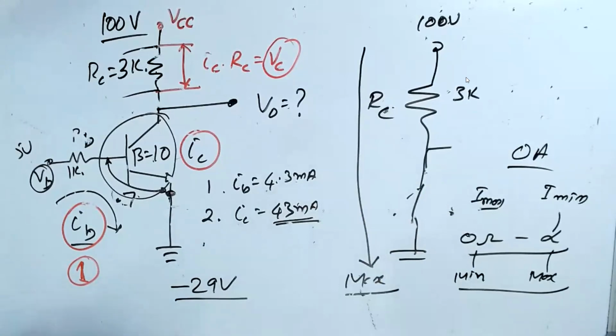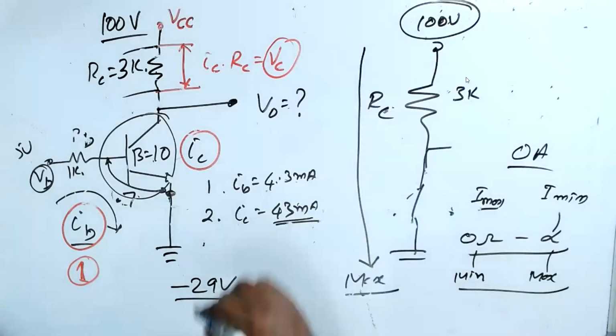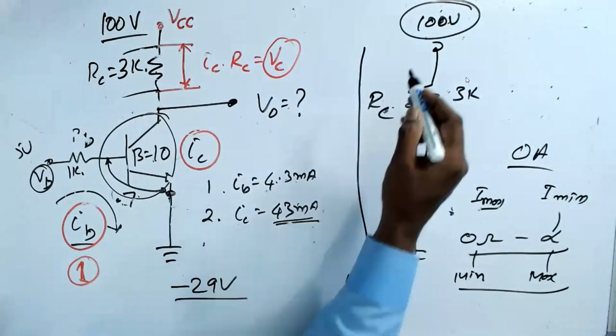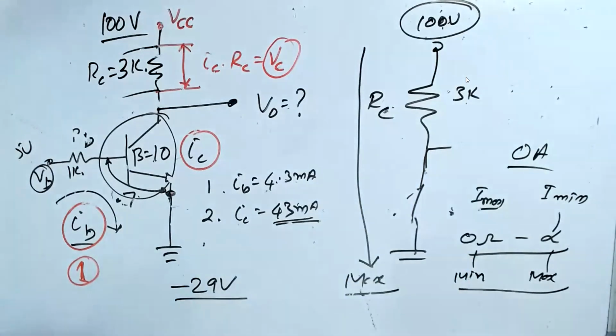We know the voltage. Sir, 0.03. Why 0.03? 100 volt and 3K, how much? 100 by 3000. Sir, 0.03. That's correct. Don't tell me in ampere, tell me in milliampere, that'll be easy.